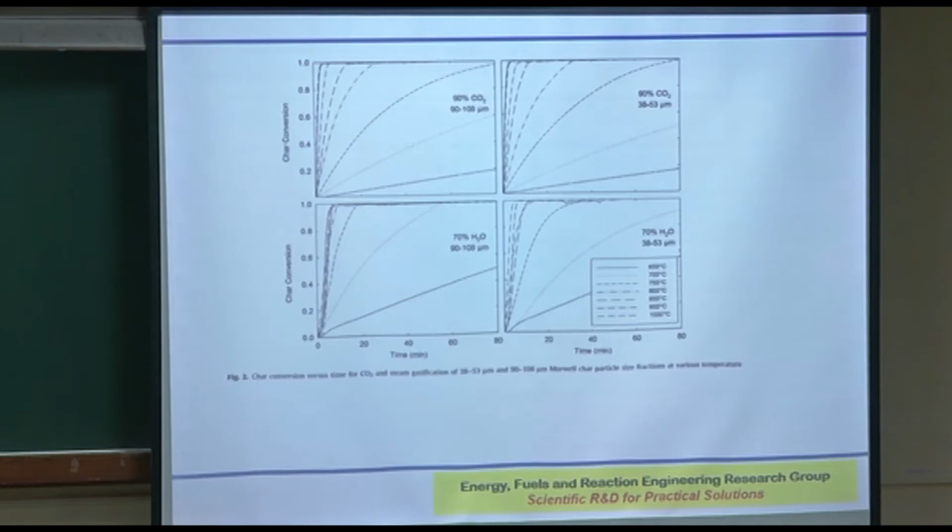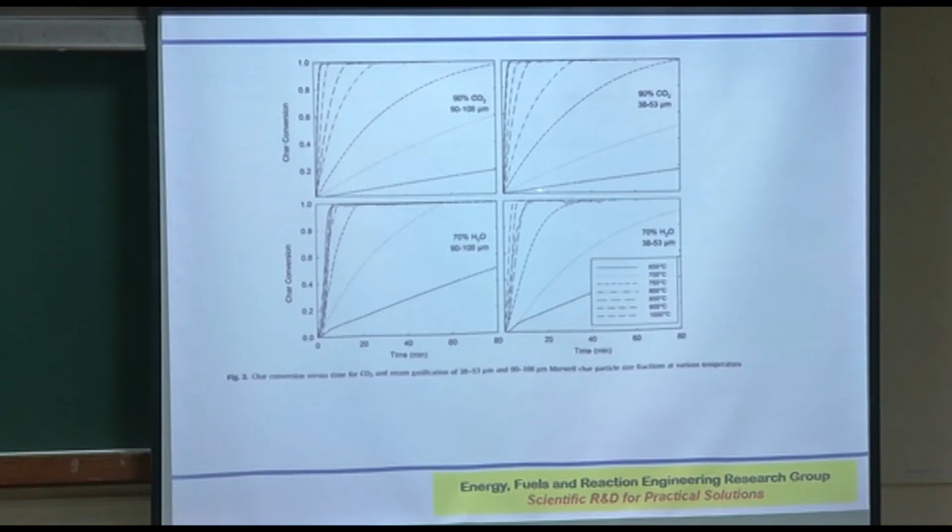So the message that we would like you to take is, if you take any of these boxes, you will see that the lowest temperature of 600 takes a very long time to give you high carbon conversion.